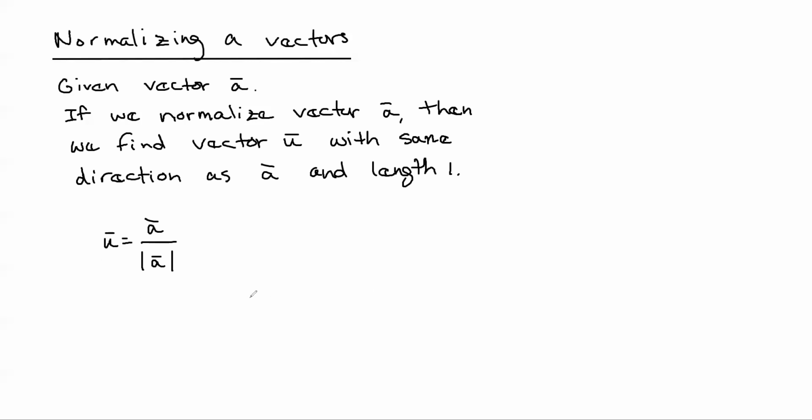So that may seem a little far-fetched. You can actually go through and verify it. Let's pick out an example. Let's say something simple. We could say a is (2, 1). Then if we were to calculate, u would be (2, 1) divided by the length of (2, 1). And you'll recall the length of (2, 1), you do the square root of the components squared.